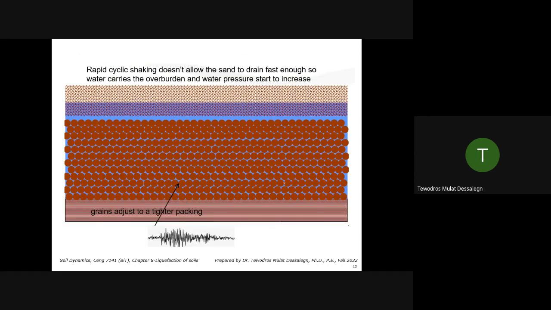Then rapid cyclic shaking doesn't allow the sand to drain fast enough. So water carries the overburden and water pressure starts to increase. So this whole thing is trying to compact. Water pressure is developing. Grains adjust to tighter packing and you have your shaking. Then at some point, the water pressure increases.